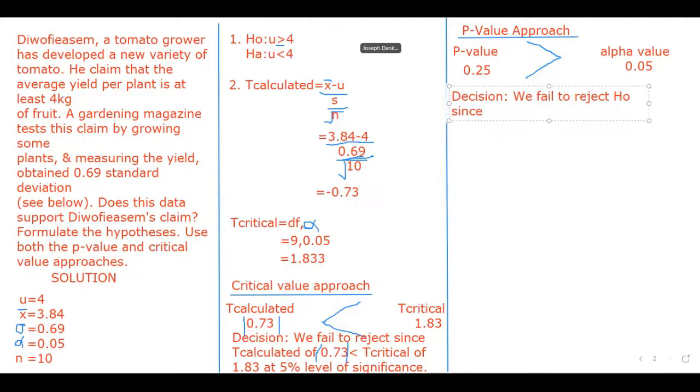Since the p-value is greater than alpha, we fail to reject H0.